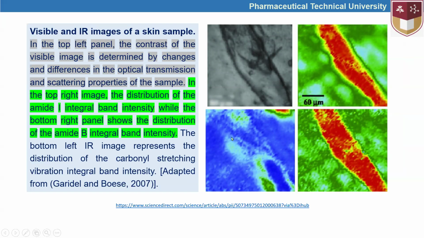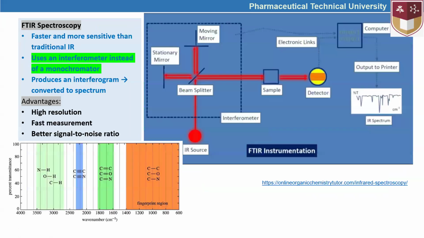So we can obtain IR images of many samples, and comparing to the IR image of the reference sample, we can claim some, let's say, suggestions about the presence or absence of some functional groups.